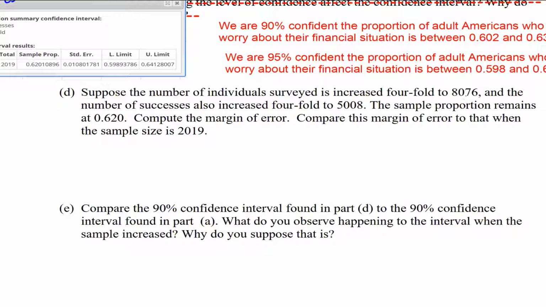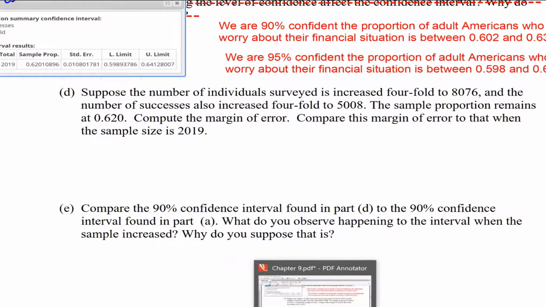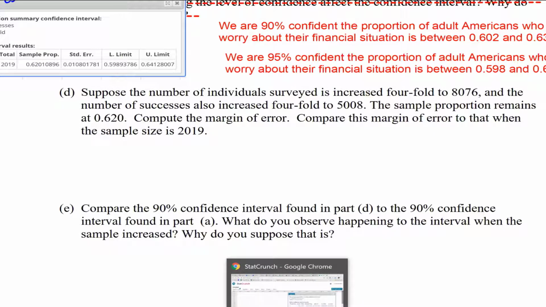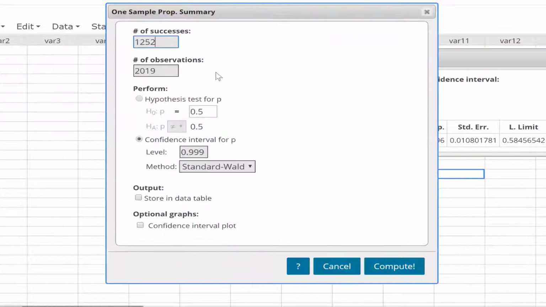So I'm literally quadrupling my sample size to 8,076 and also increasing my number of successes, folks that are financially worried, to 5,008. So if I look at that, this is 5,008 successes now out of 8,076 folks surveyed. And I do another, let's say I do my 90% confidence interval.